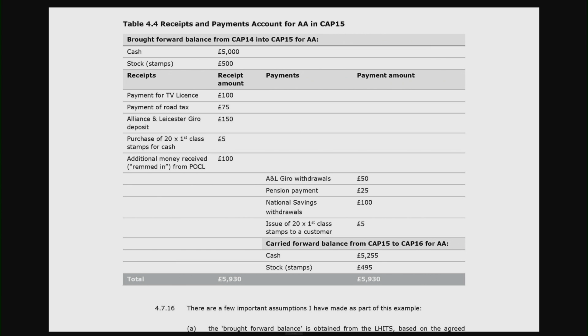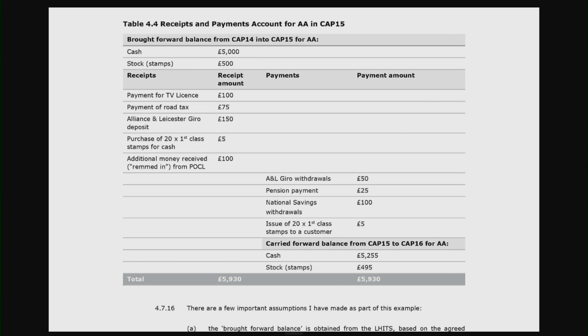And you can see that the different receipt amounts relate to payment for TV license, 100 pounds, payment of road tax for 75 pounds, Alliance and Leicester Giro deposit, 150 pounds, the purchase of first-class stamps for cash of 5 pounds, and additional money that was remmed in from POCL of 100 pounds.